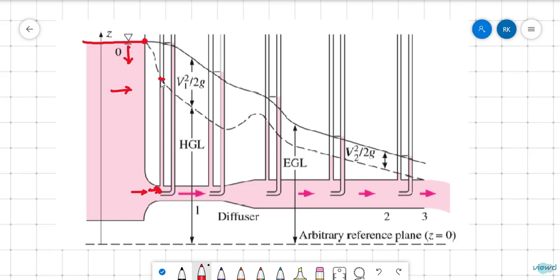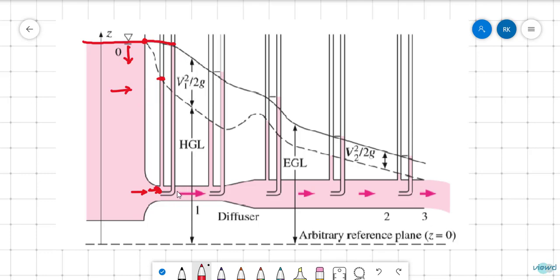So here up to this it is the pressure head. If it was ideal flow, the energy gradient line would be in this way, this straight line. But due to the friction, the energy gradient line, this velocity head also decreases up to this point. So there is an inclined line.